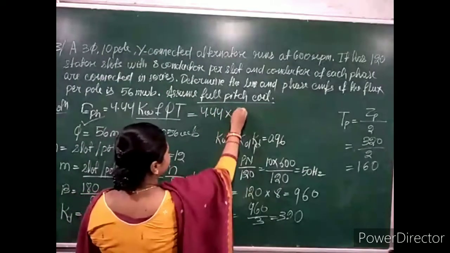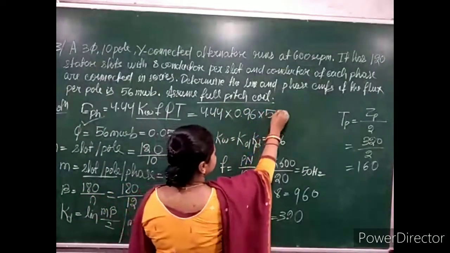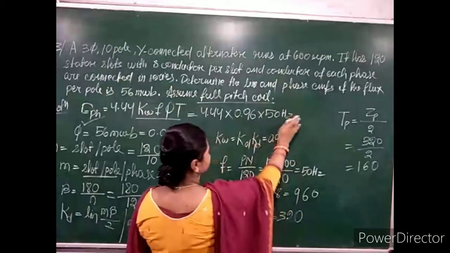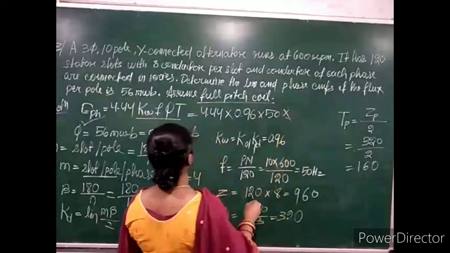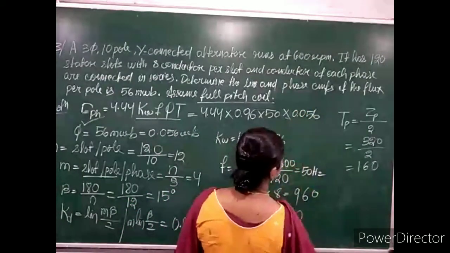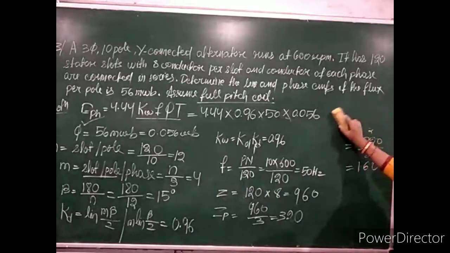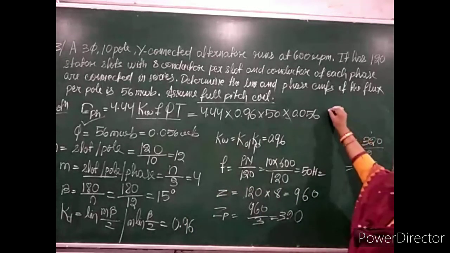Now I put all these parameters here in this equation: 4.44, winding factor is 0.96, frequency is 50 Hz, flux is 0.056, T, that is number of turns per phase, is 160.